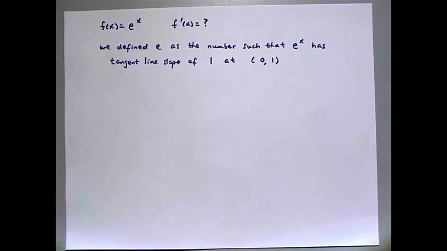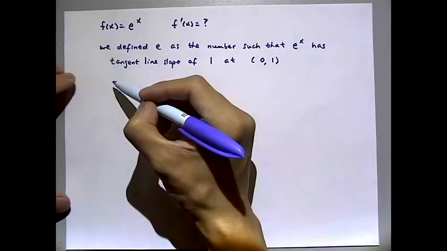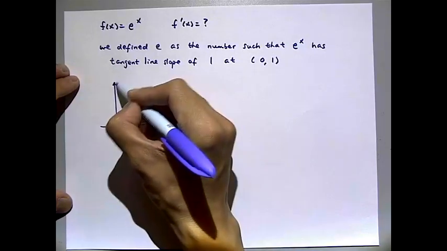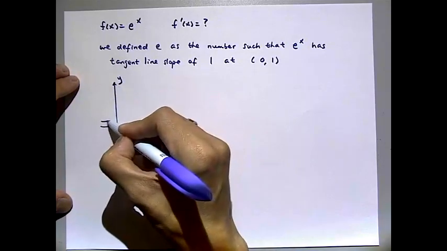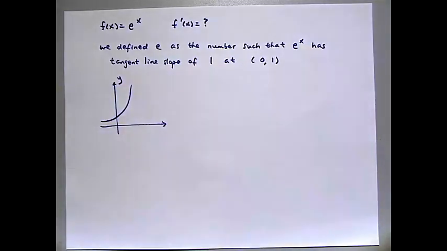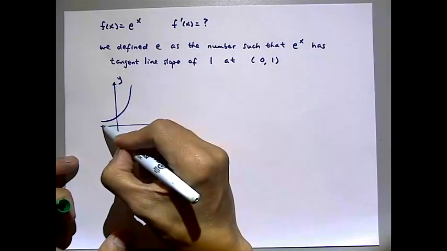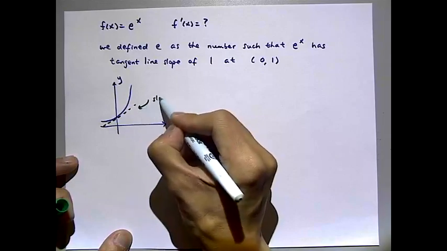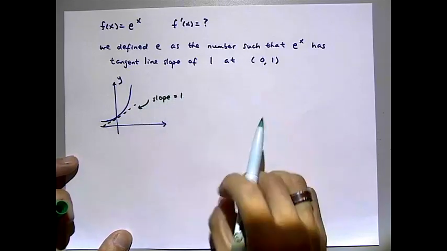That was the way we defined e way back then. e is somewhere between 2 and 3, such that it would have a tangent slope exactly equal to 1. That's e to the x. And the tangent line right here, slope is equal to 1.